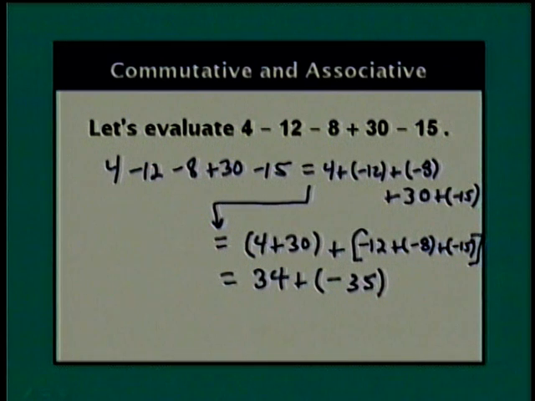And when I take 34 and I add negative 35, I get negative 1. To me, when I have a bunch of addition and subtraction to perform, this is the easiest way to do the computation. Add the positive numbers, add the numbers that are being subtracted, and then just subtract the final result from the first result.